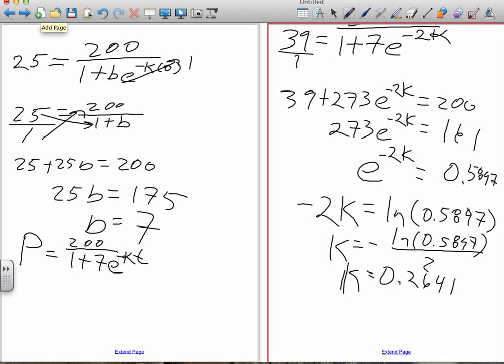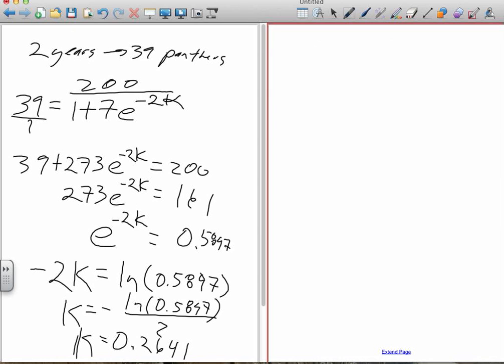Okay, so now we come back in and we finish up our equation. So now we've got P equals 200 over 1 plus 7 e to the negative 0.2641 t. And there's our equation for our population as a function of time.